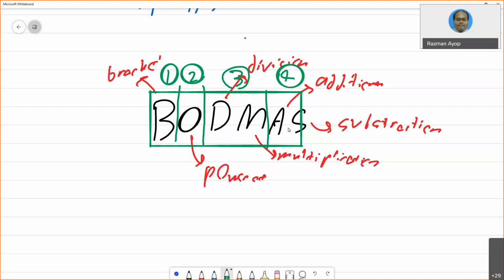You have to follow this rule because MATLAB will use this rule.